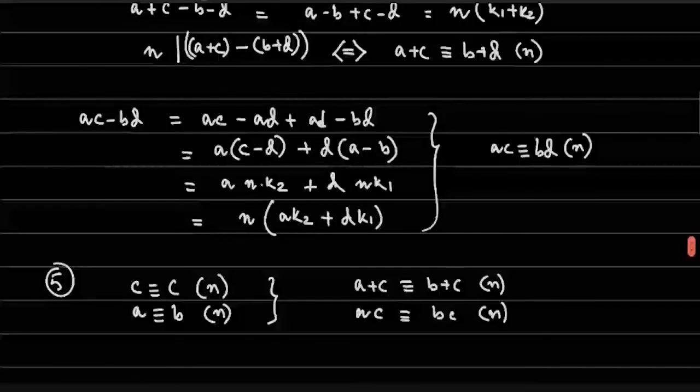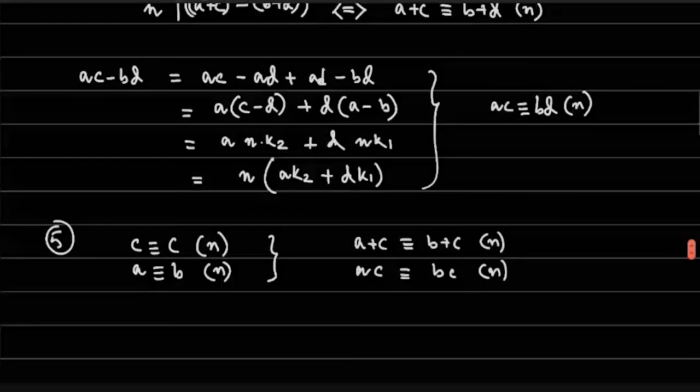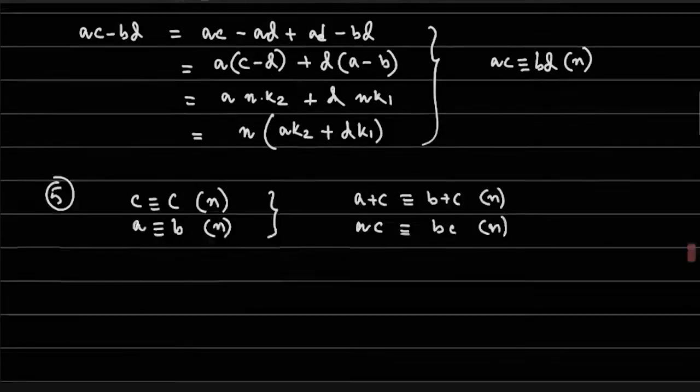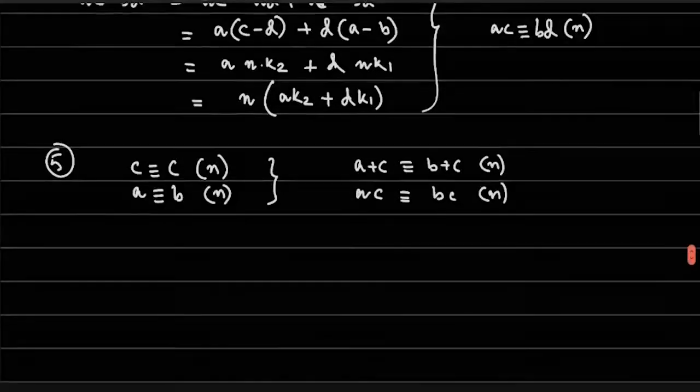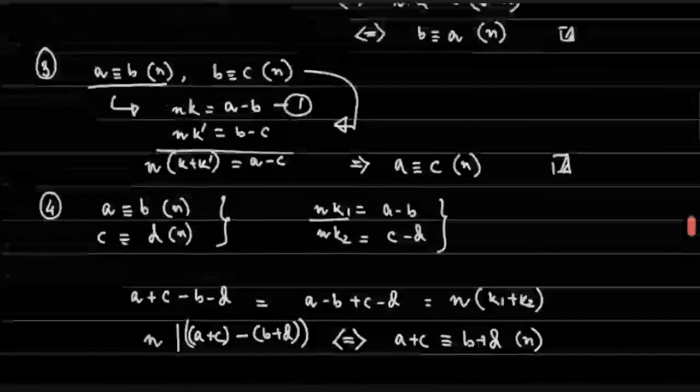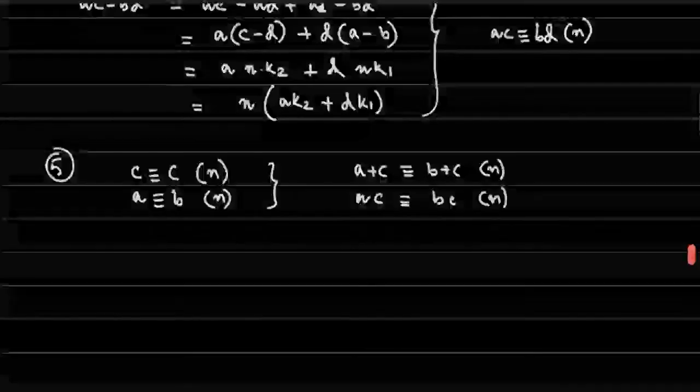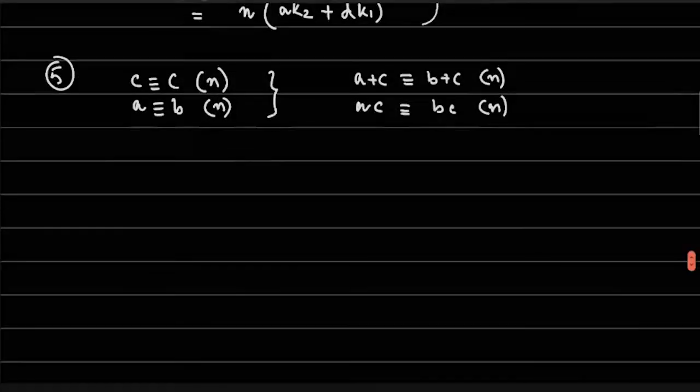But you can do it in a more elaborate method, some direct approach. Suppose you don't know this fourth statement, then how do you solve this fifth one? This is simple. You will look at the term A plus C minus B minus C, that is equal to A minus B, that is equal to some n into k1.